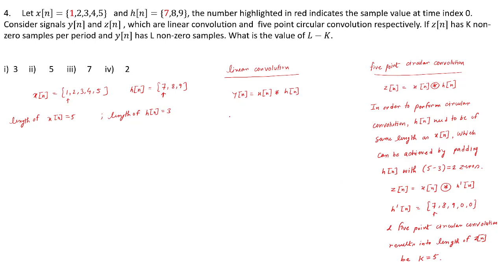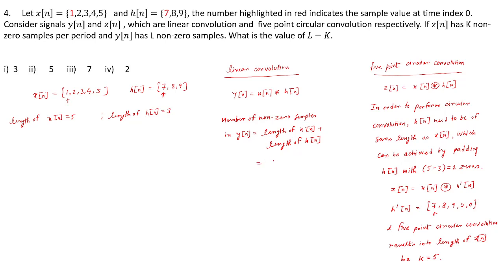However, for linear convolution, things are pretty much simple. We can use this property: number of non-zero samples in yn is equal to length of xn plus length of hn.